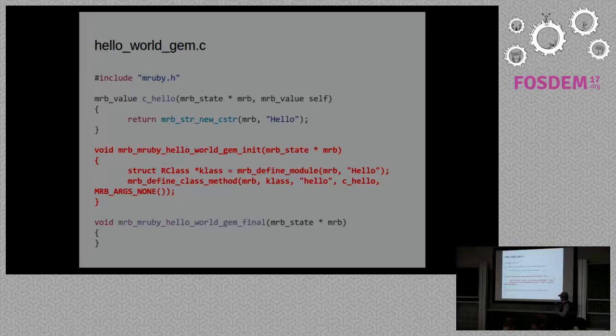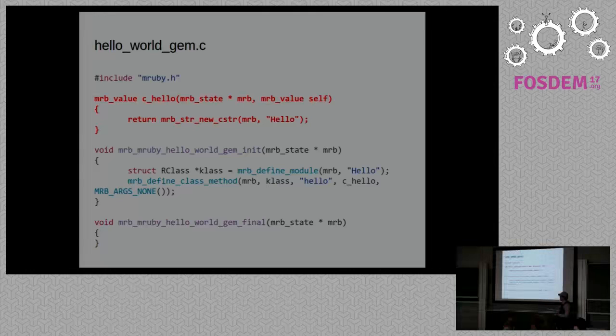In the final function, since we're in C and we have to manage our own memory, you have to do any cleanup work that's not managed by the mruby VM, because mruby is garbage collected. I don't really have any dangling pointers that aren't going to be managed by mruby here, so I don't have to do anything. And then finally, we just have the C code that's actually being called when I call hello. This is a very simple thing.